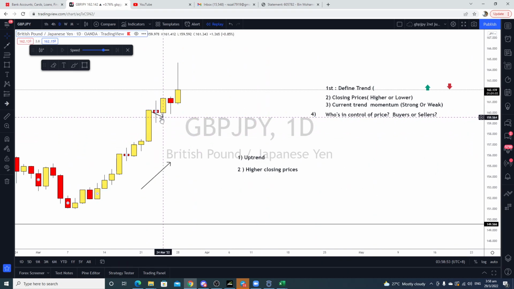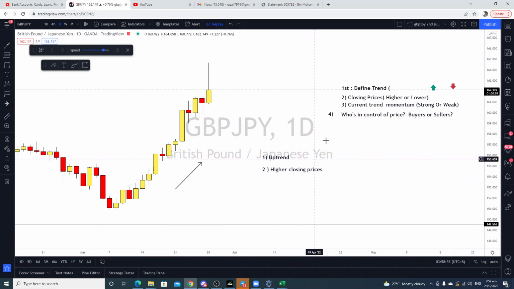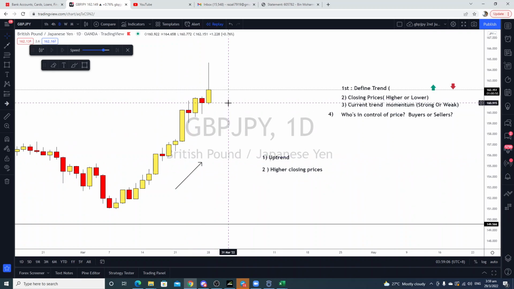So current momentum, is it strong or weak? This is the tricky part, I would say, because there are two parts that we are looking at here. For current trend momentum, for the buy, it still looks strong, regardless of this starting to get weak momentum here. It's still a buy. But at this current weak momentum, any buy from here would be a bit risky.